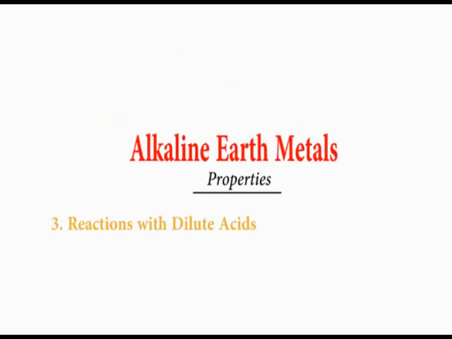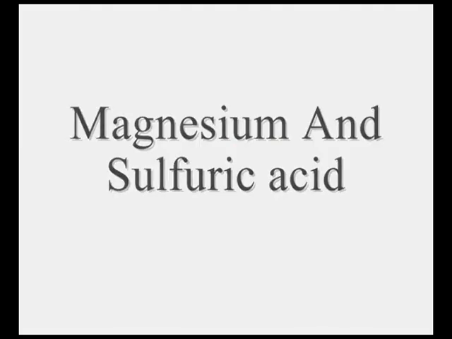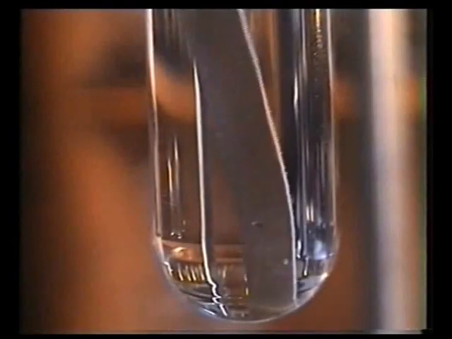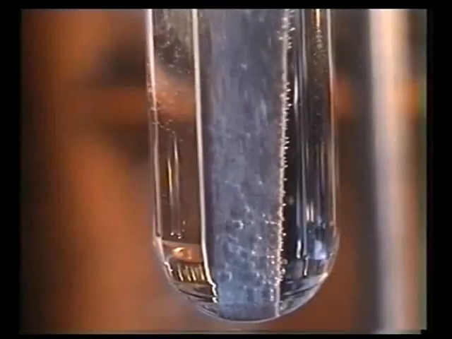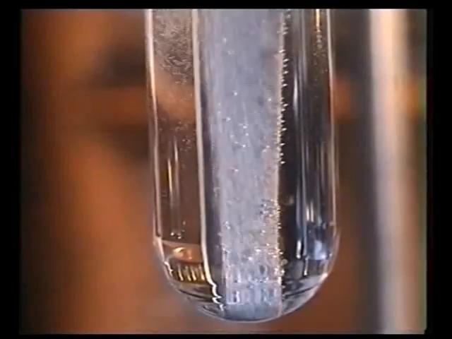Reactions with dilute acids. When mixed with a dilute acid, magnesium reacts vigorously, liberating hydrogen gas, and a salt is formed.